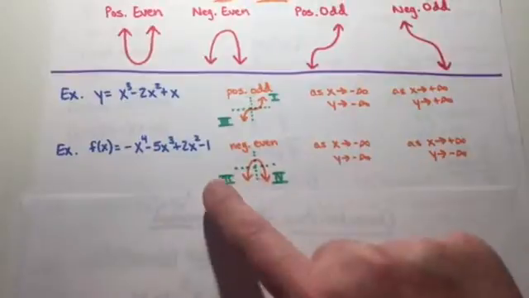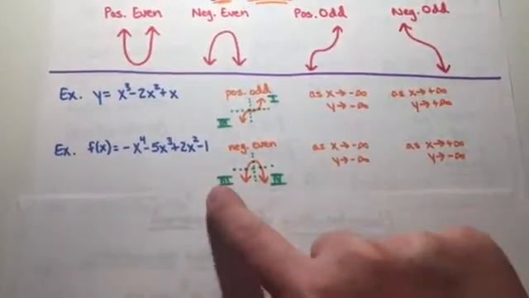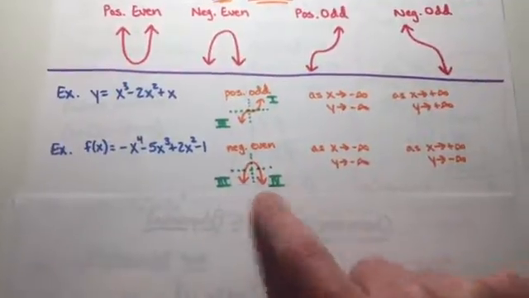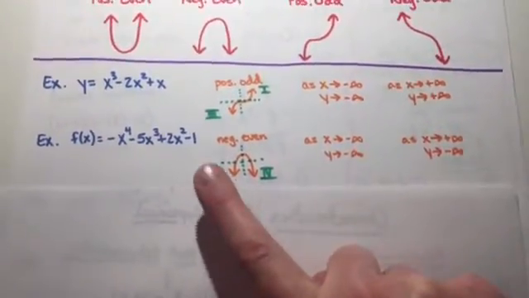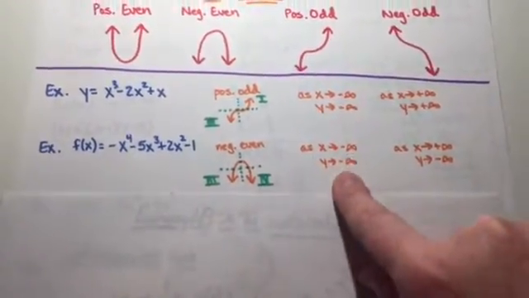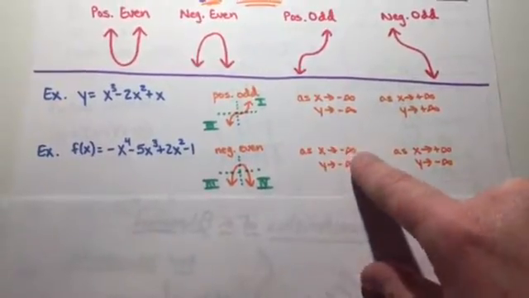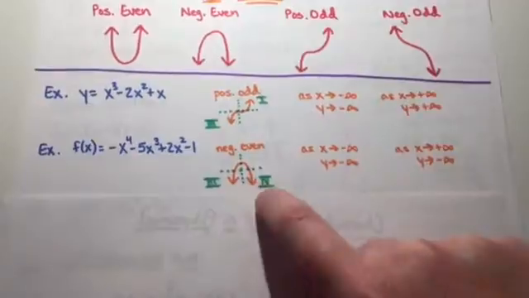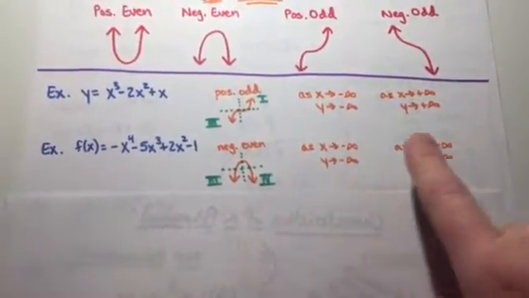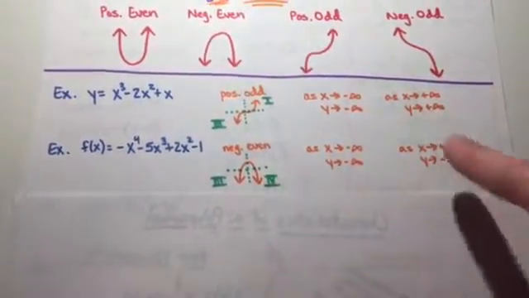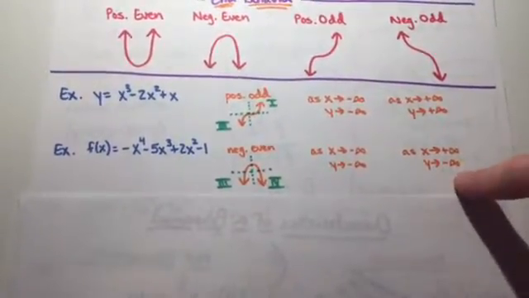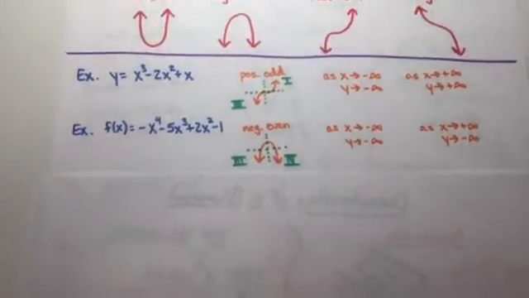So the ends of my graph are heading toward quadrant 3 and quadrant 4. So in quadrant 3, remember negative, negative, so you write it out formally as x approaches negative infinity, y also approaches negative infinity. And then it's heading toward the fourth quadrant, so that would be positive, negative. So we write it as x approaches positive infinity, y approaches negative infinity.